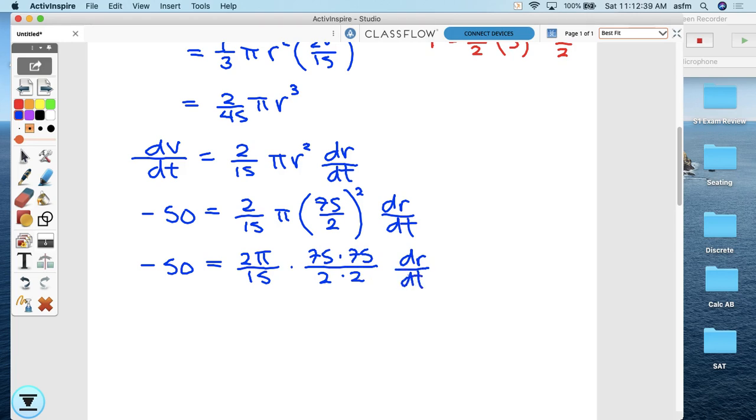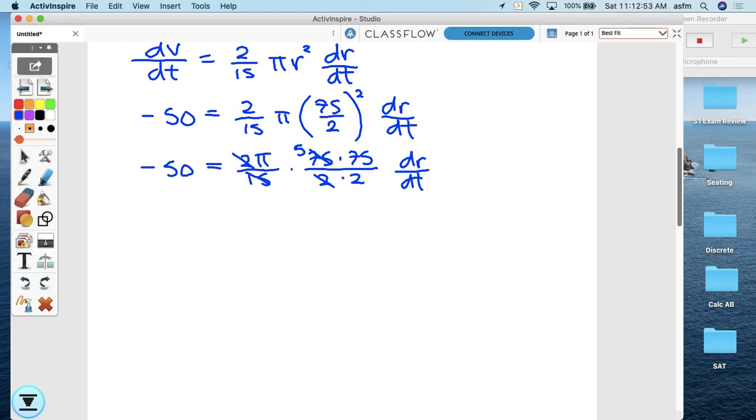And I write it like that because I can do some simplifying now. I can see that this 2 is going to take out that 2. I can say that 15 goes into that once, 15 will go into there 5 times. And so now I can clean it up and move it to the other side, and I think I can do even more simplifying. The 2 will come over, making this minus 100.